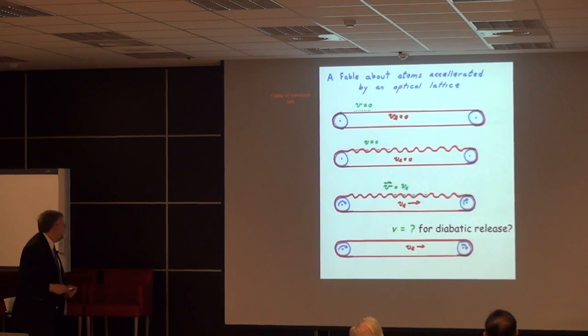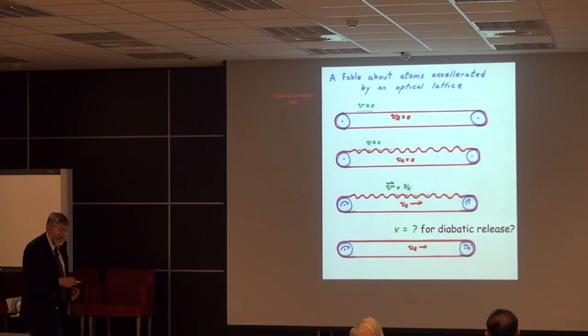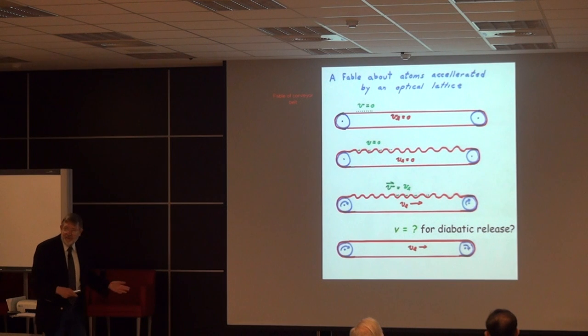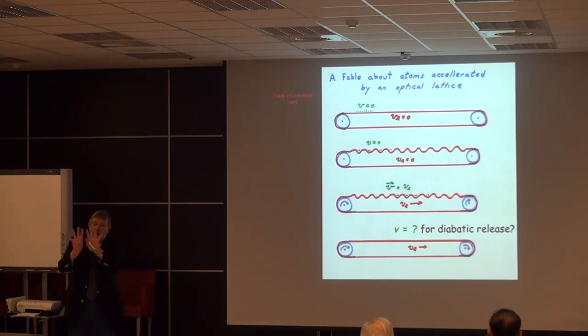So let's imagine that we start with atoms. The atoms are at 0 velocity, and the belt is at 0 velocity, and the laser beams are off. So there's no lattice. Now we turn the lattice on, deep. Imagine that my fingers represent the potential of the lattice.